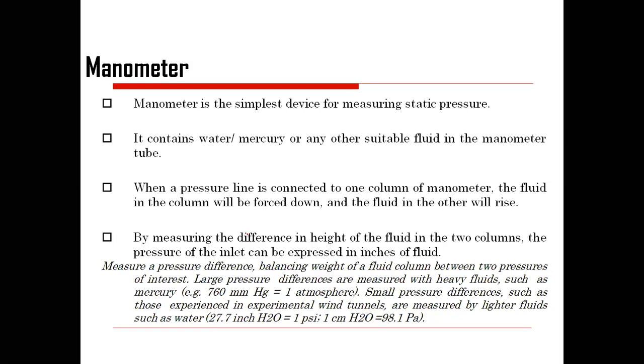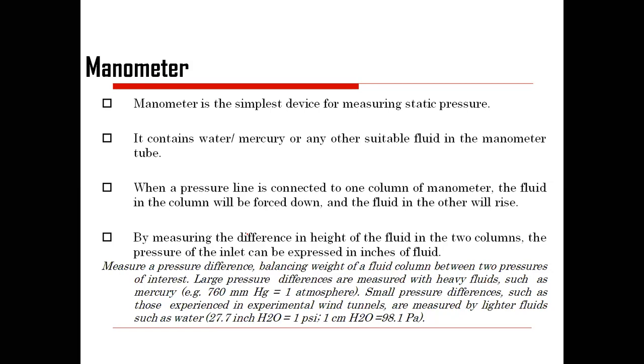So when there is a large pressure we are applying, that large pressure difference we are trying to measure with mercury, because mercury is having higher weight. Okay, so mercury is having 760 mm of Hg pressure, equal to 1 atmospheric pressure.